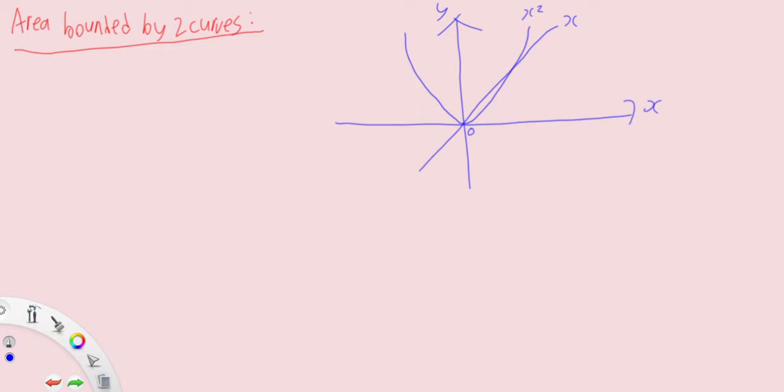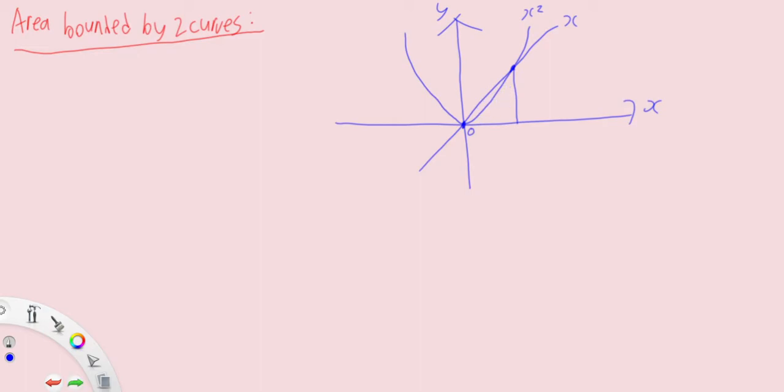We already know that they're intersecting at these points, so your limits would be these two points as well. If you integrate y equals x to find the area between the curve and the x-axis, it will be this whole triangle here.